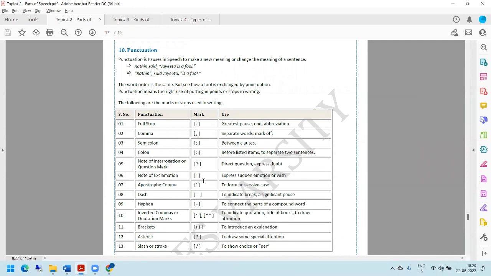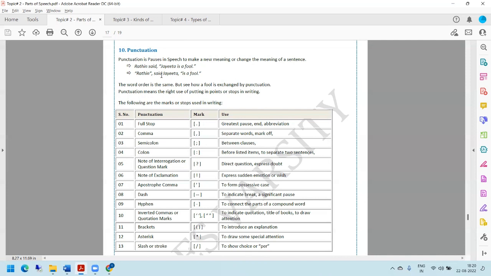They are called punctuation. Punctuation is a pause in speech to make a new meaning or change the meaning of a sentence. For example, Ratin said, comma, and then we use inverted commas or quotation marks here: Ratin said, "Sayita is a fool."